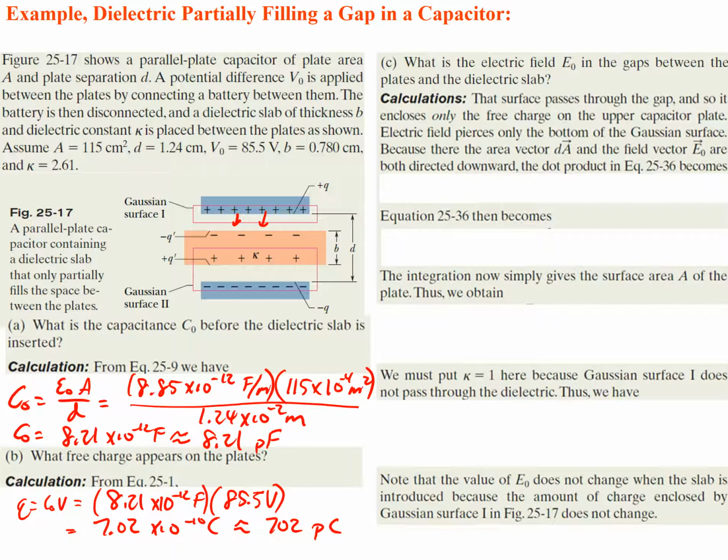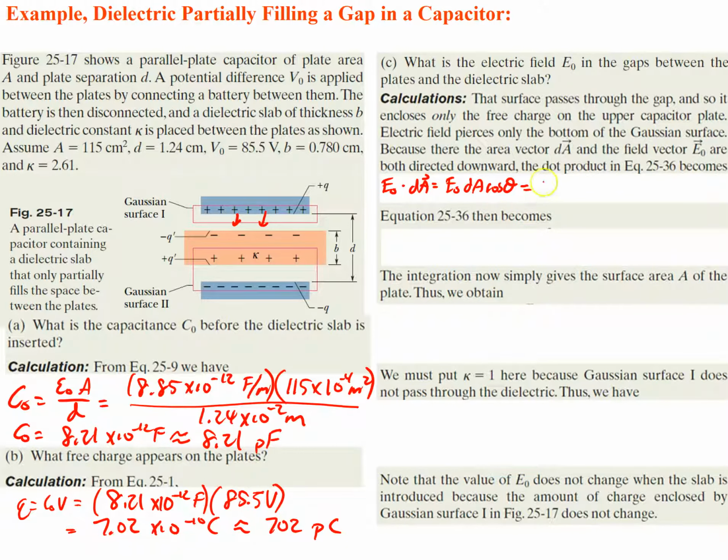All right, so the dot product, so we just have E naught times dA. Dot product of this is just going to be E naught dA cosine theta. Right? And since they're both going in the same direction, the angle between them is 0, so the cosine of 0 is just 1.